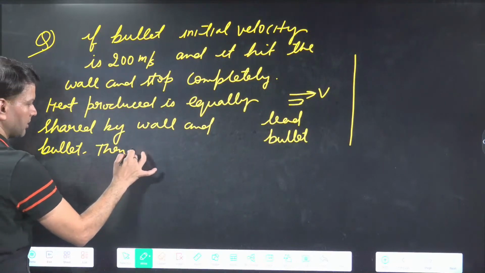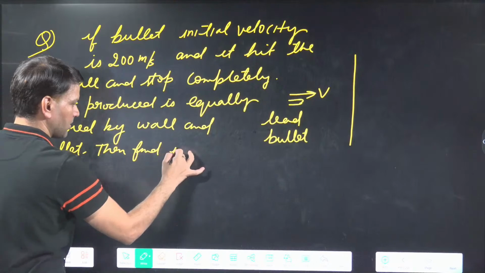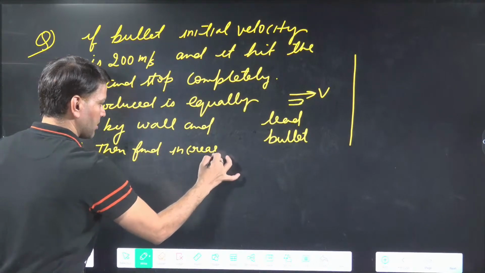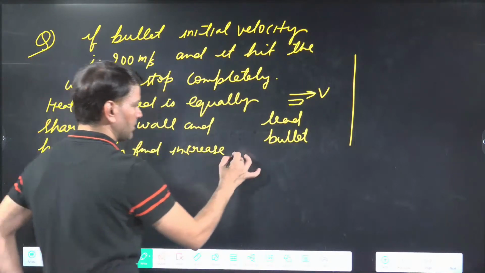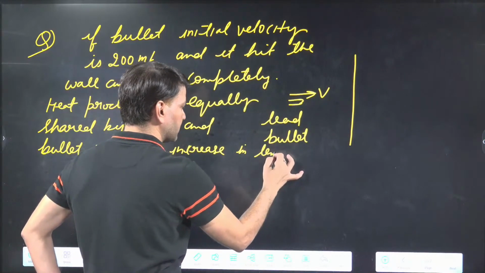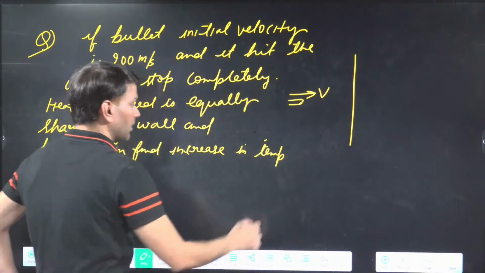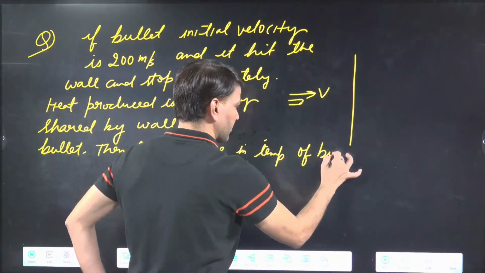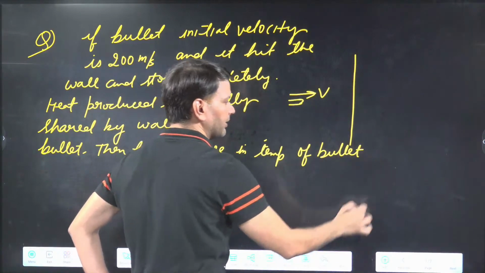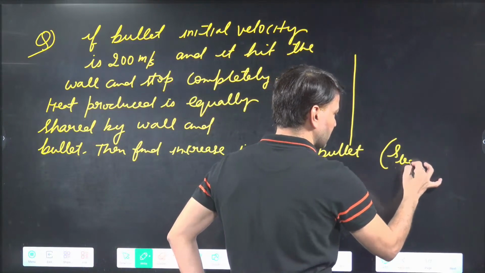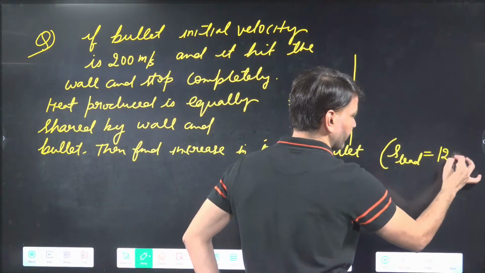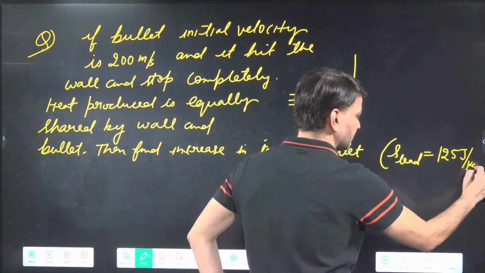Then find the increase in temperature of the bullet if the specific heat of lead is equal to 125 joule per kg degree C.